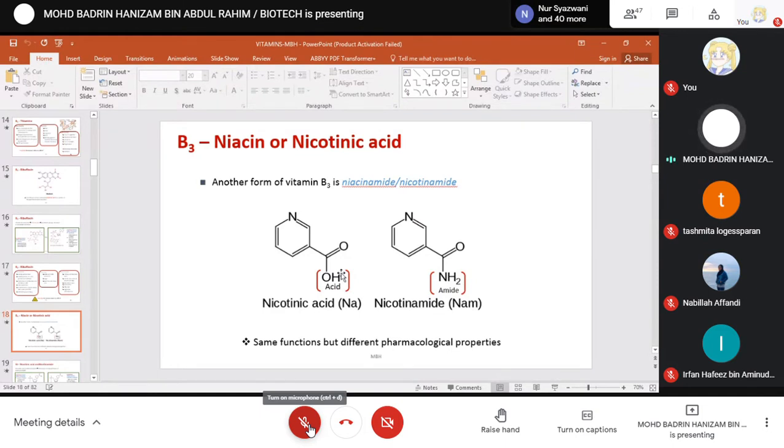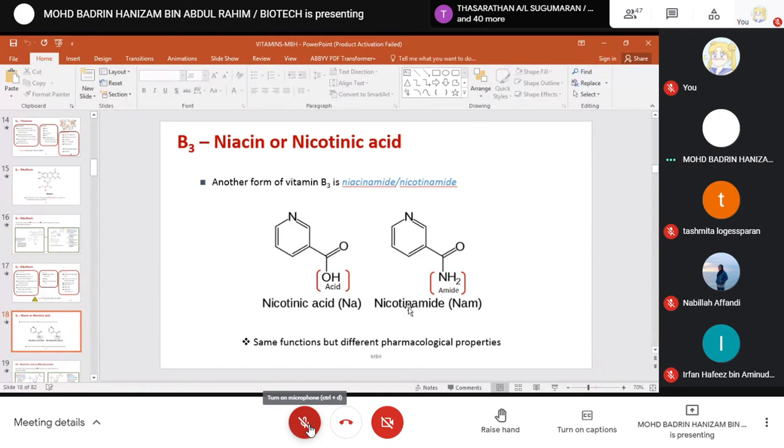You can see here the structure of nicotinic acid and nicotinamide. The difference is that nicotinic acid contains an acid OH here, while the amide contains an amide here. Same function, but different pharmacological properties.